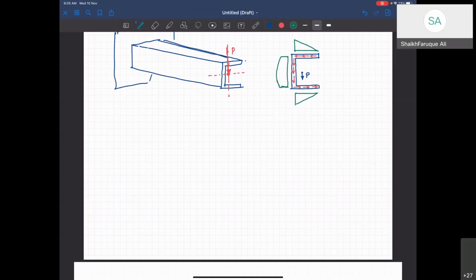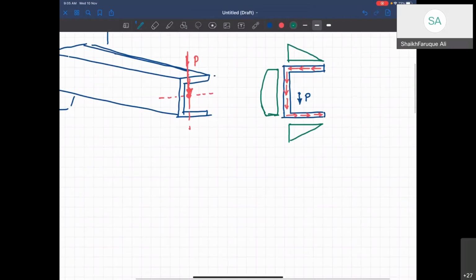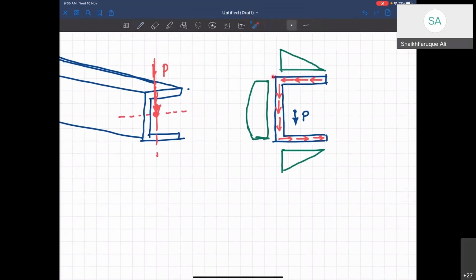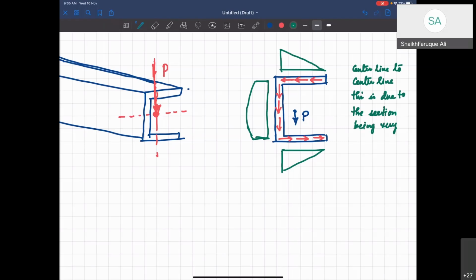Now, one thing to note is, when I'm drawing this, please note, I'm not drawing exact to this point. Okay, I'm a little bit away. So this is from center line to center line. All diagrams here are center line to center line. This is because the sections are very thin.